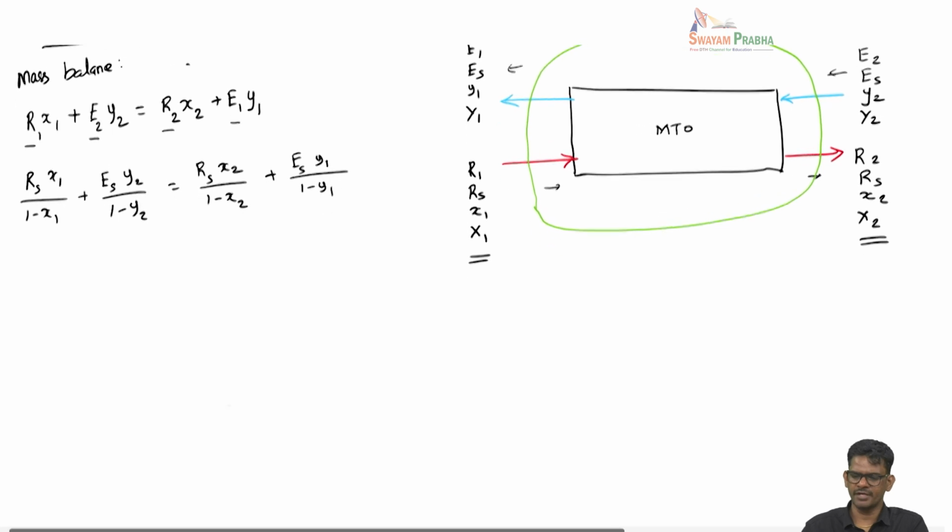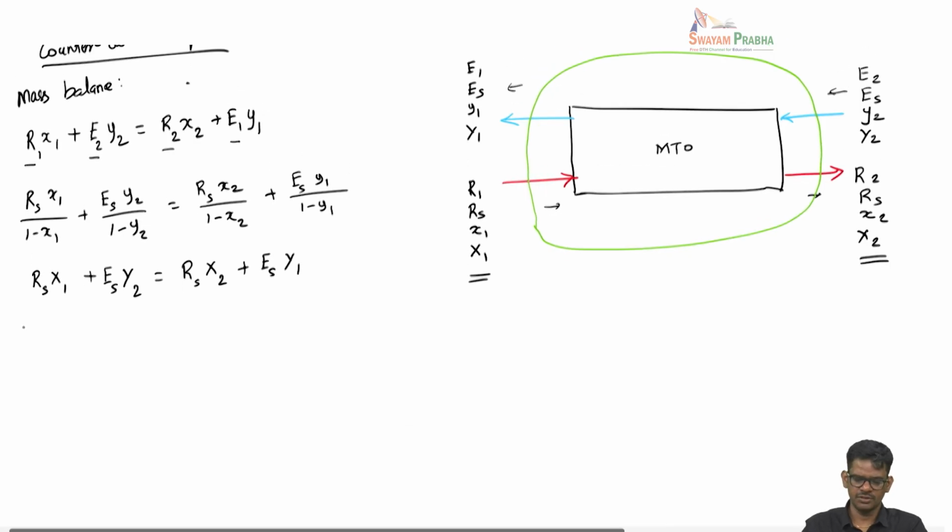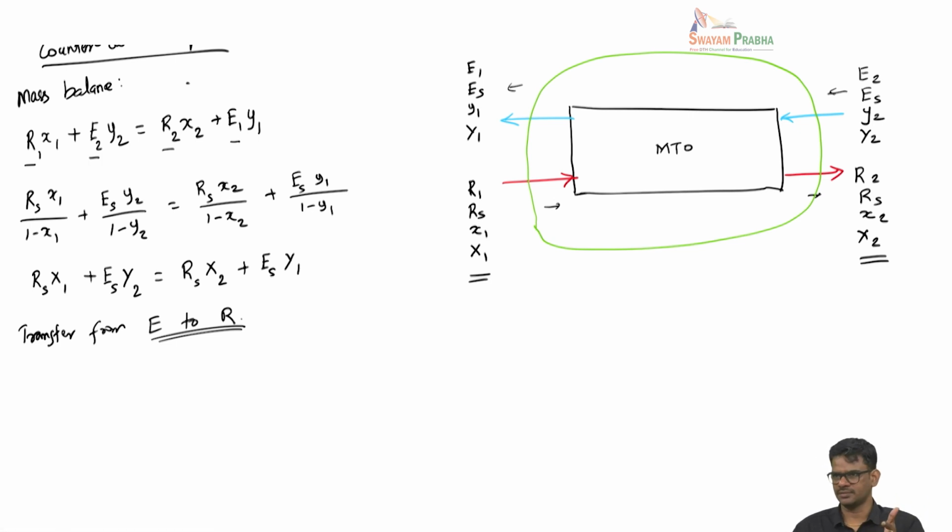Now introducing the mole ratio units, this becomes Rs X1 plus Es Y2 equals Rs X2 plus Es Y1. Here let us say that you are thinking about transfer from E to R. Since in the cocurrent case I did it for R to E, in the countercurrent I am doing it for E to R. Okay, but you should be able to do it for R to E also.